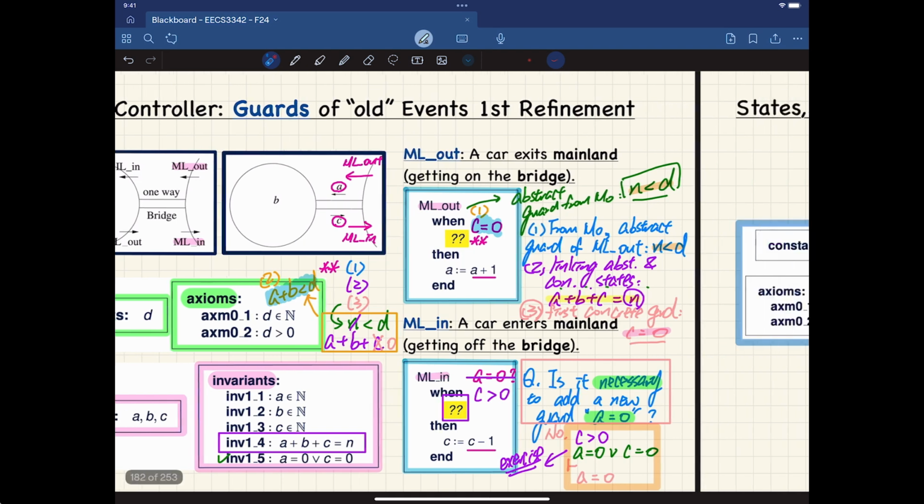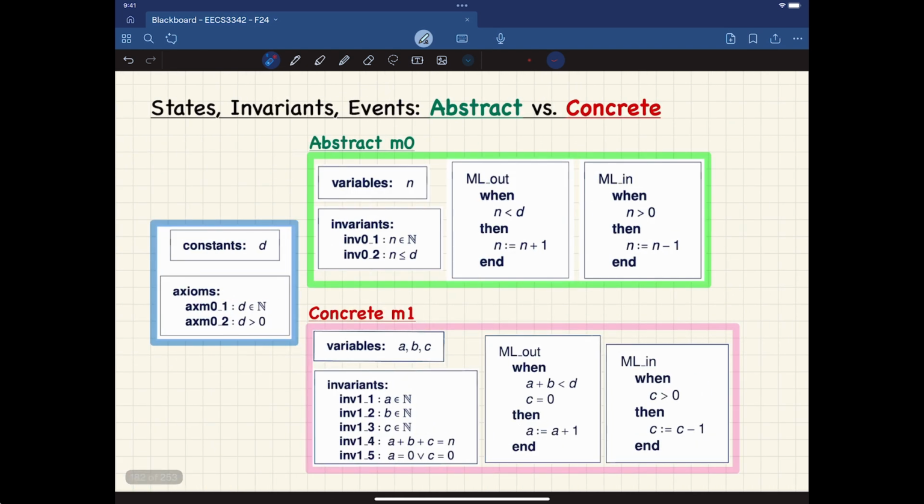All right, so let's have a very quick summary of what we have achieved so far. So far we have this particular M1 over here. And you can see that we have two invariant conditions over here. We have this one here, and we have this one here.